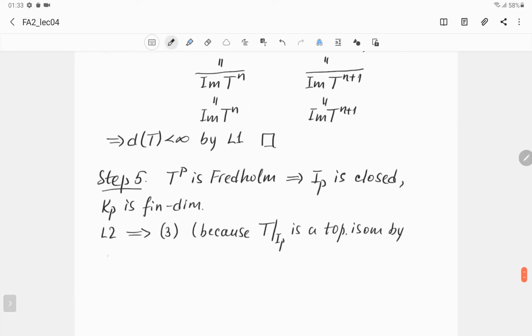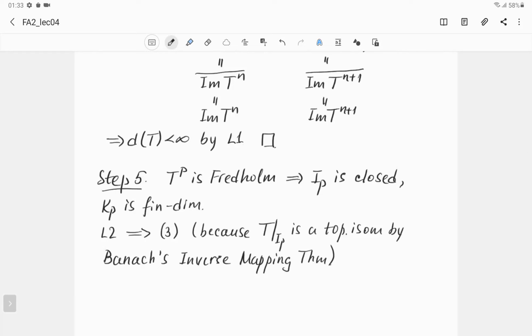By Banach's inverse mapping theorem. Okay, so this completes the proof of part 3.